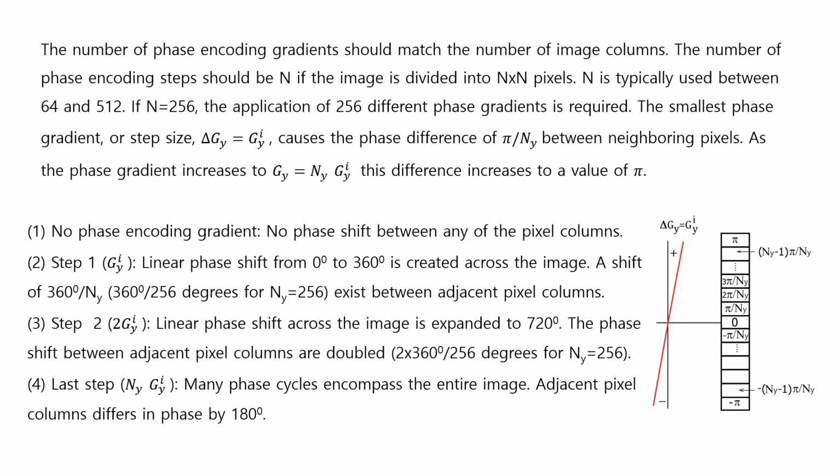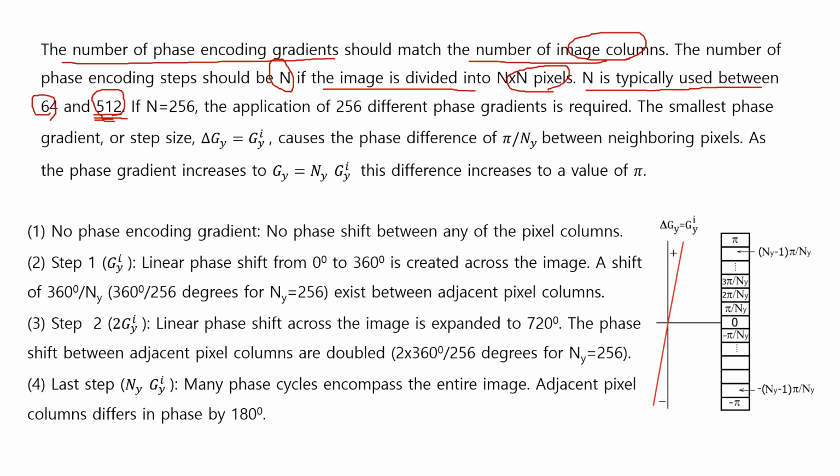The number of phase encoding gradients should match the number of image columns. The number of phase encoding steps should be n if the image is divided into n by n pixels. N is typically between 64 and 512. If you use a larger number here, then the image resolution improves.